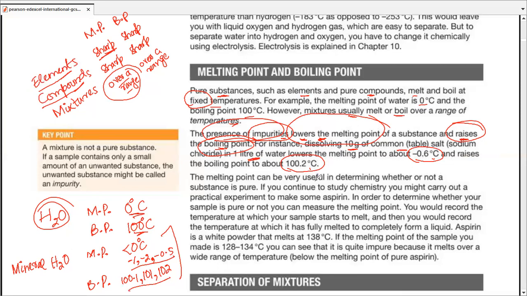And I hope you understand the changes now. The changes in case of melting point would be less than the original temperature. That's why I use this less than sign, and it would be greater than 100 degrees centigrade. So you can easily use the greater than sign. Make sense?